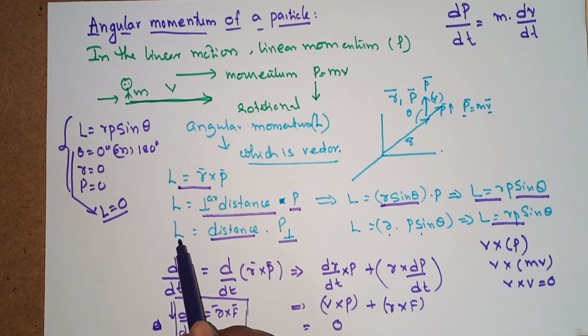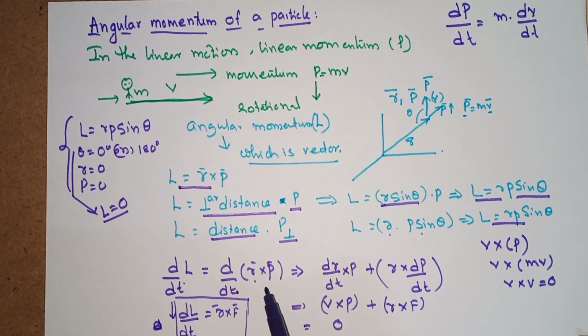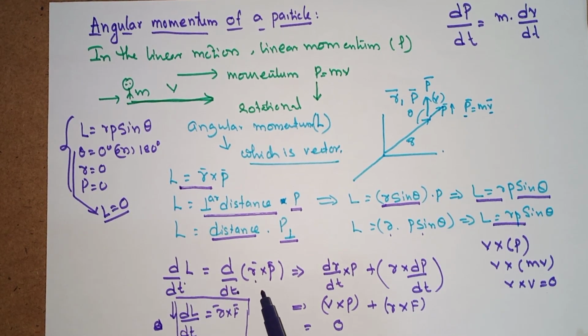When you apply differentiation, dL by dt is d by dt of r cross p. So generally we apply the differentiation of u into v method: u into dv by dt plus v into du by dt.